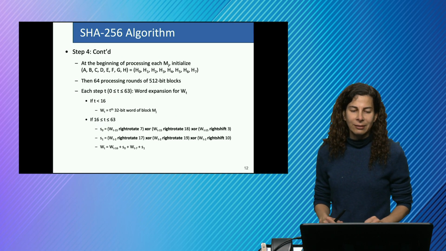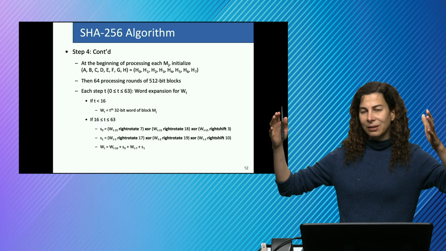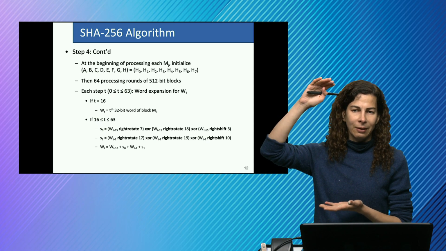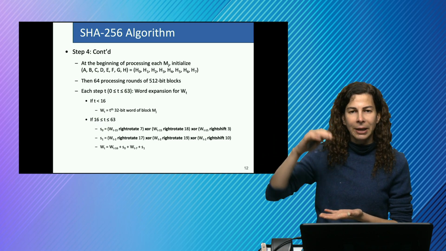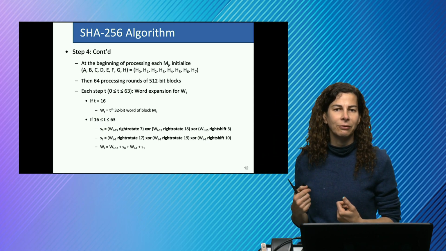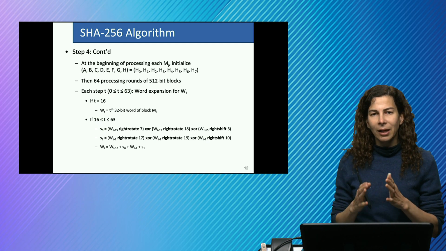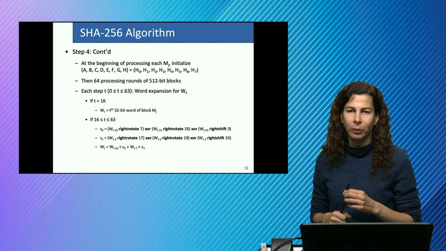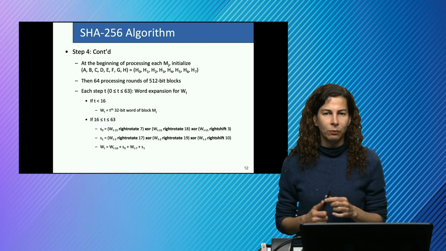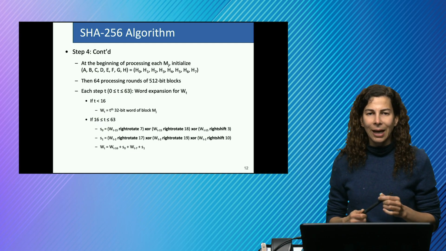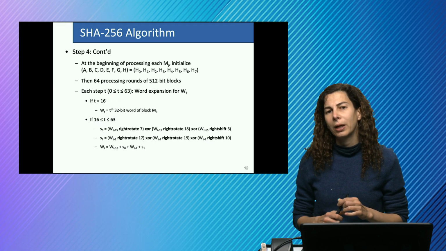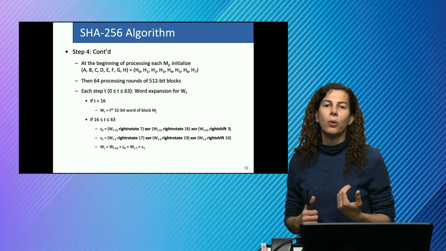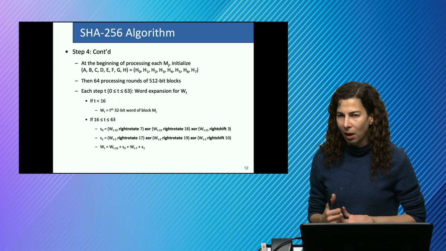So we initialize this message digest, which, let's call the 32 bits that we had, 8 of them from A to H: A, B, C, D, E, F, G, H. And let's assign those values that we had as the initialization, H0 to H7, to these registers. Then this algorithm is going to take 64 rounds for processing this 512-bit block.